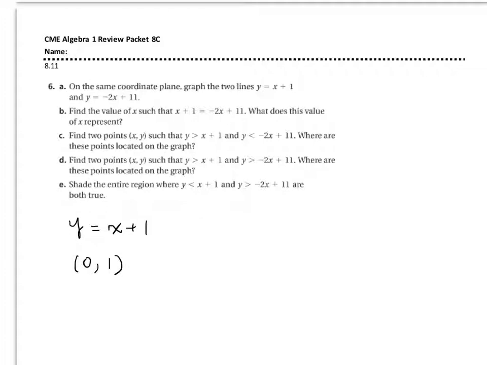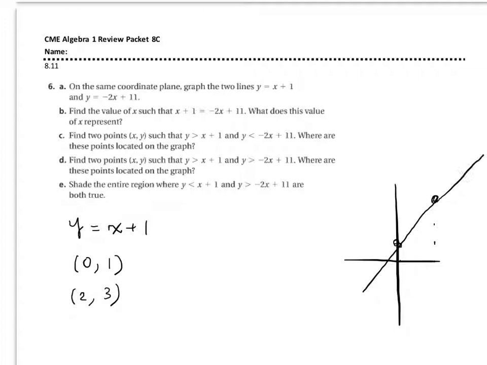And if x is, for example, 2, then y will be 2 plus 1, so that's 3. All we have to do is plot those points. (0, 1) is right there, and (2, 3) will be 1, 2, and 1, 2, 3. If you connect that, that's y equals x plus 1.